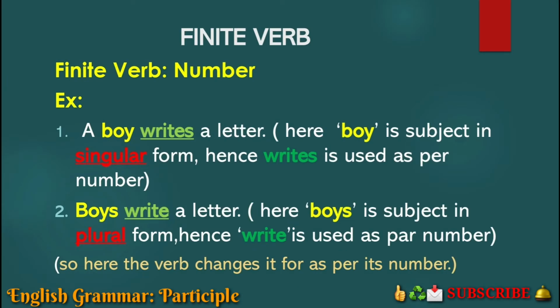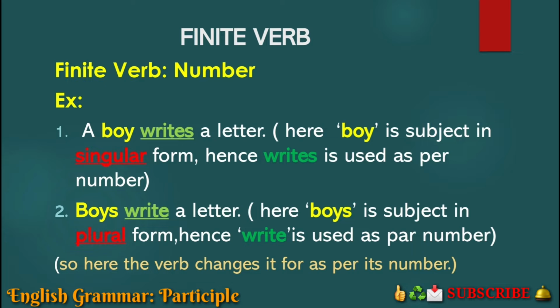Dear students, now we shall try to understand how the verb changes according to plural or singular number. The first example: A boy writes a letter. Students, in this sentence, a boy is the subject because he is the doer of action, and it is in singular form. Being singular, the present form of verb, writes, is used.